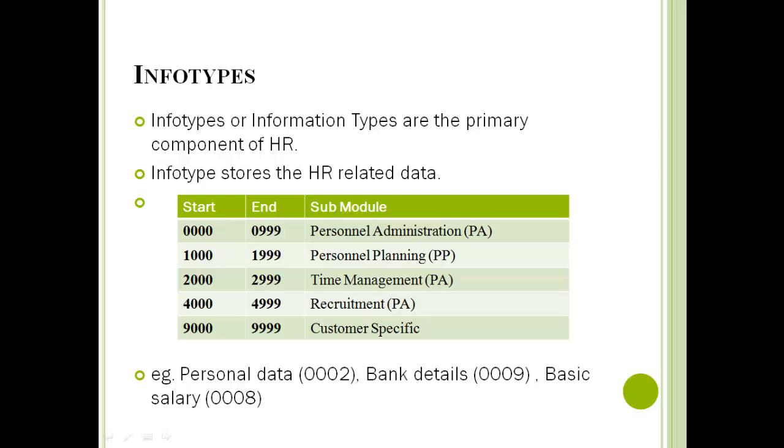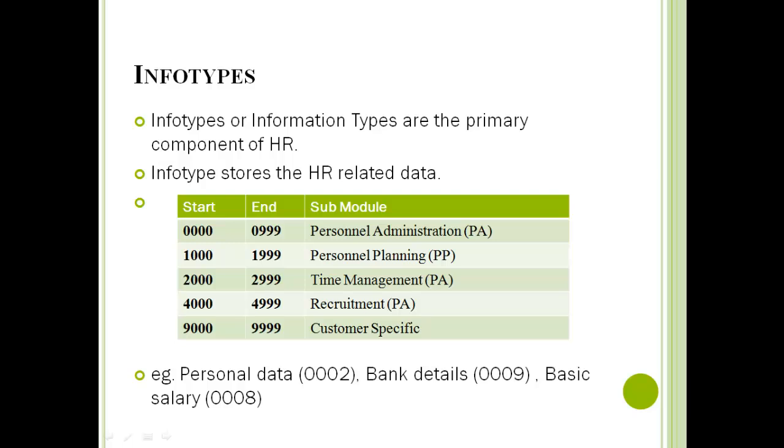Whatever we have discussed so far is an attribute of a person. You store the address of a person, salary of a person, bank details of a person. However, info types can just as well store attributes of HR objects like positions, jobs, tasks, things like this.